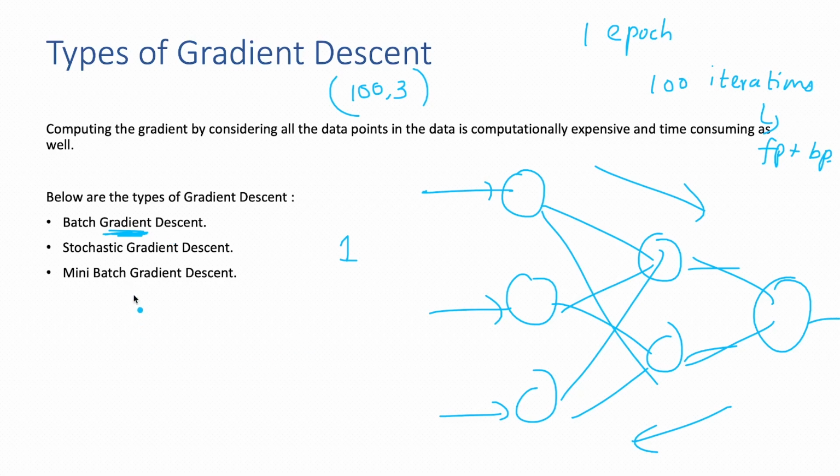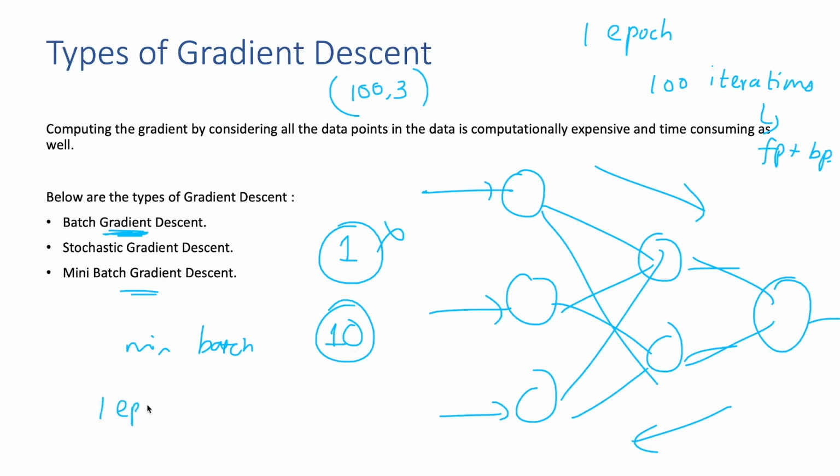In case of mini-batch gradient descent, instead of showing one sample like you have shown in the SGD process, you might show a specific batch size of samples. Let's say my mini-batch has 10 different samples. So for every iteration, I'll have 10 different samples being shown to the network. So in total, for one epoch to be completed, I'll have 10 iterations.